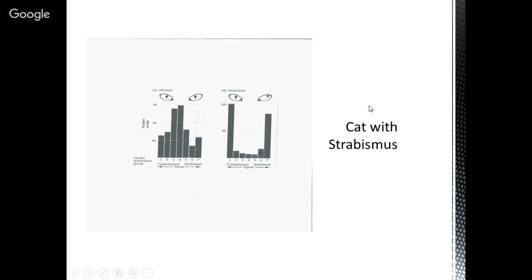So, cats with strabismus, where you have one eye that's out, not aligned with the other eye. What happens is that the distribution you see in the cortex is much enhanced.